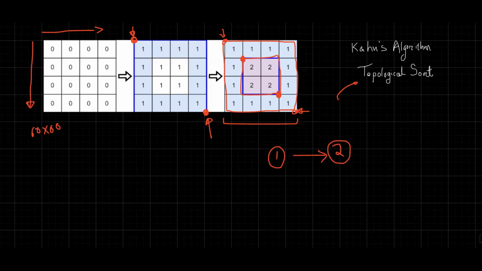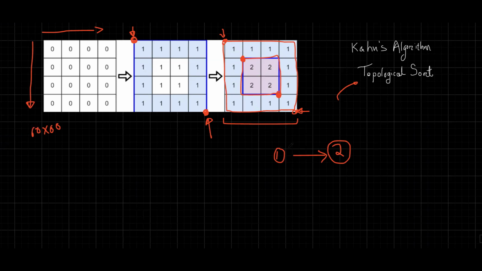That means if in any color's rectangle we find another color, then we can say that the second color is dependent on the first color. That means this grid should be initially printed by the color 1. After that, we should print it by color 2. So we can say that color 2 is dependent on the color 1.